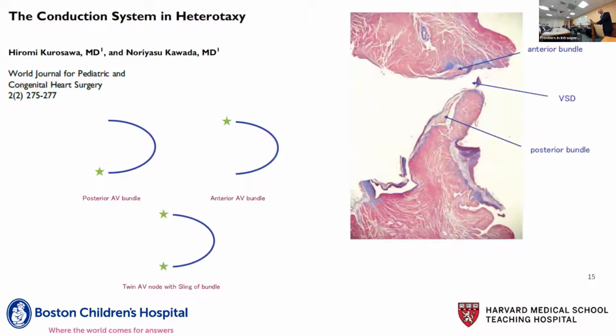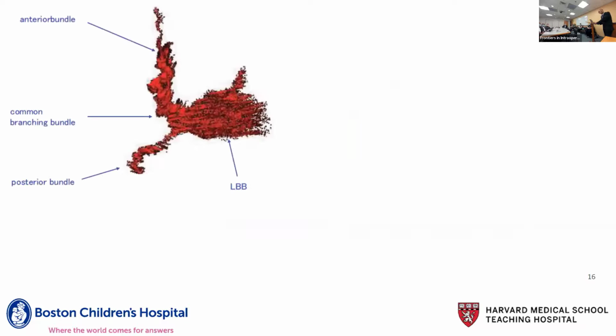And on the histologic examination, you can see the crest of the ventricular septum caudally and the membranous septal aspect cephalically. You can see both the nodal components surrounding this ventricular septal defect. And this is where the two anterior and posterior nodes come together to arborize into the right and left bundles.